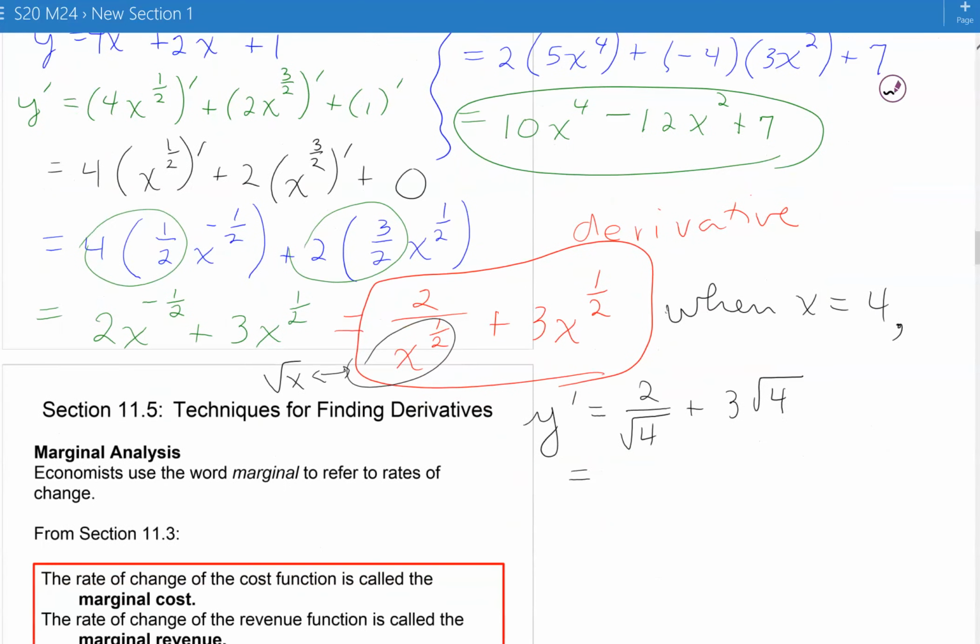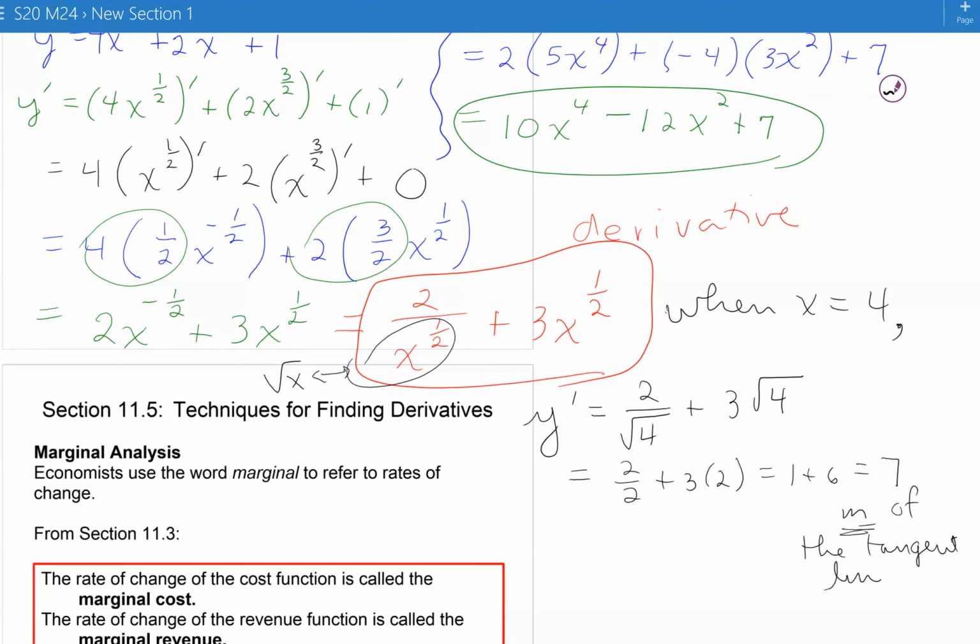So I have 2 over the square root of 4, which is 2, plus 3 times the square root of 4, which is 2. So 1 plus 6, or 7. So this is m of the tangent line.